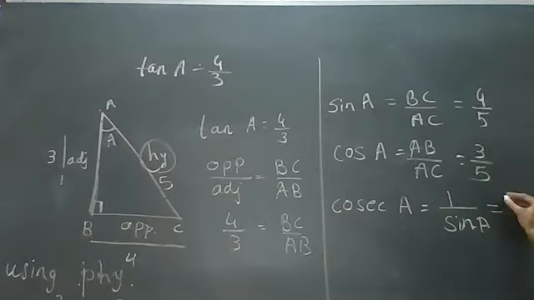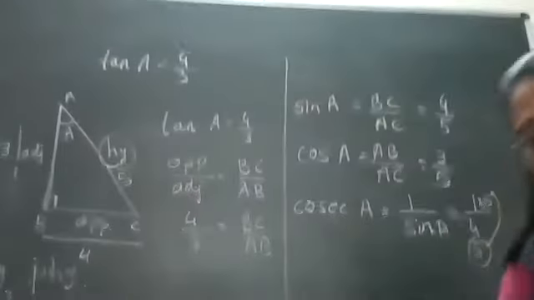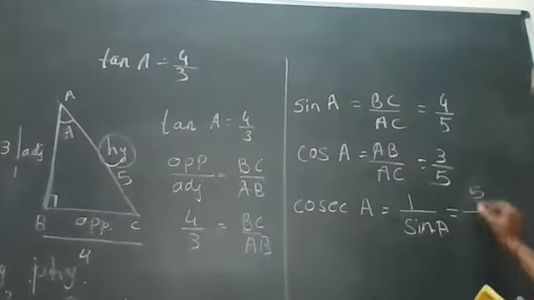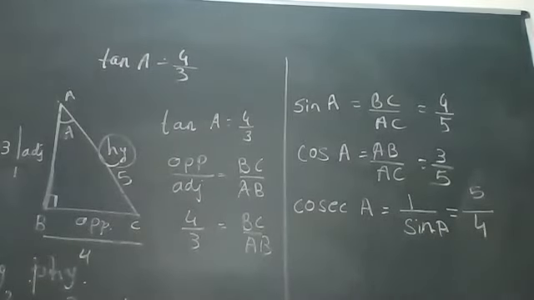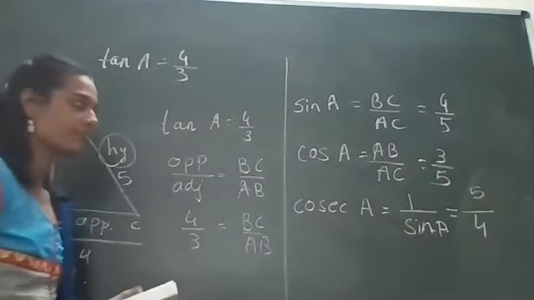So here we can write 1 upon 4 upon 5. This 5 will go outside. So directly we can write that 5 upon 4 is the value of cosec A. Clear? This one is clear to everyone? Yes, ma'am.